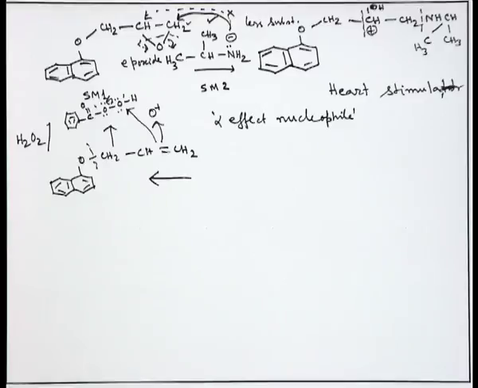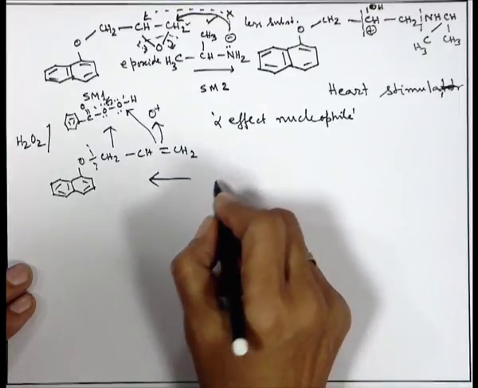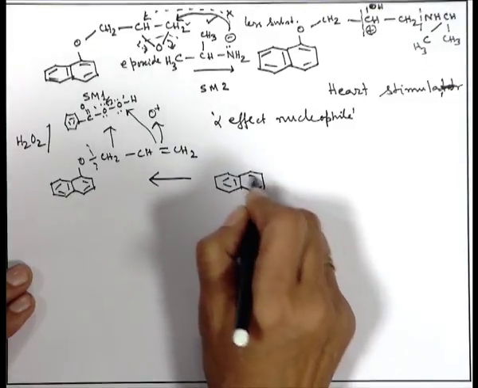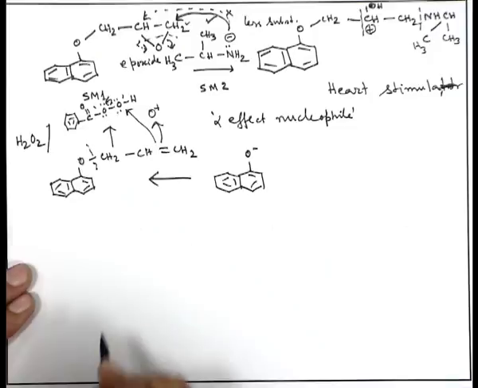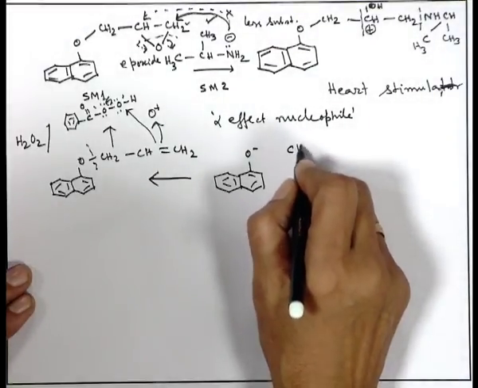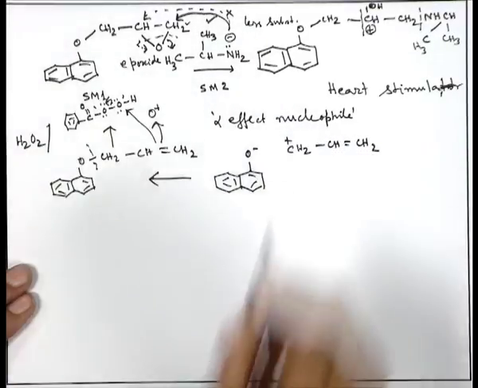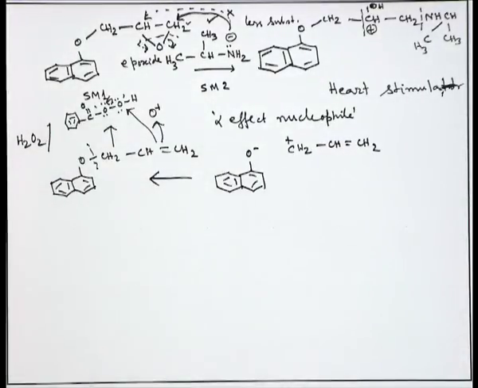The idea is the two components in this case will be a naphthalene derivative with an O minus over here and a CH2 CH double bond CH2 with a plus on that side. Why I did not put oxygen plus or carbon minus? The answer is oxygen is more electronegative. So, negative charge will be more stable and carbon is more electropositive. So, put the positive charge on the carbon.